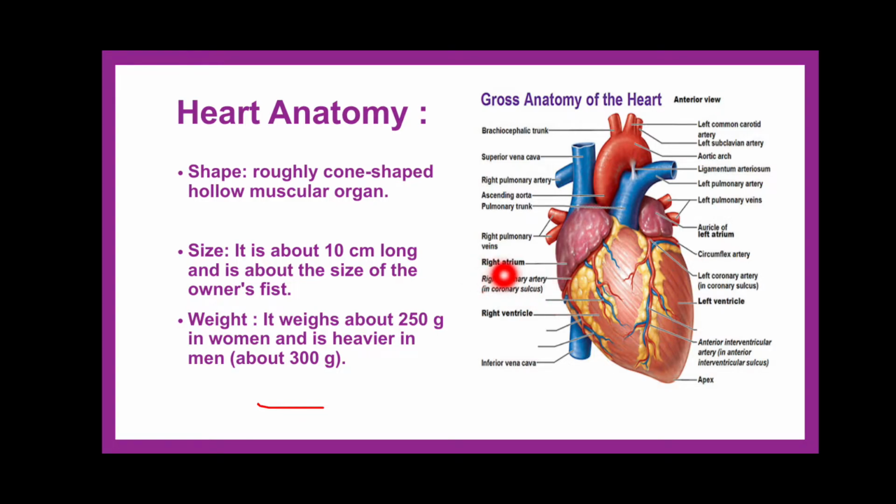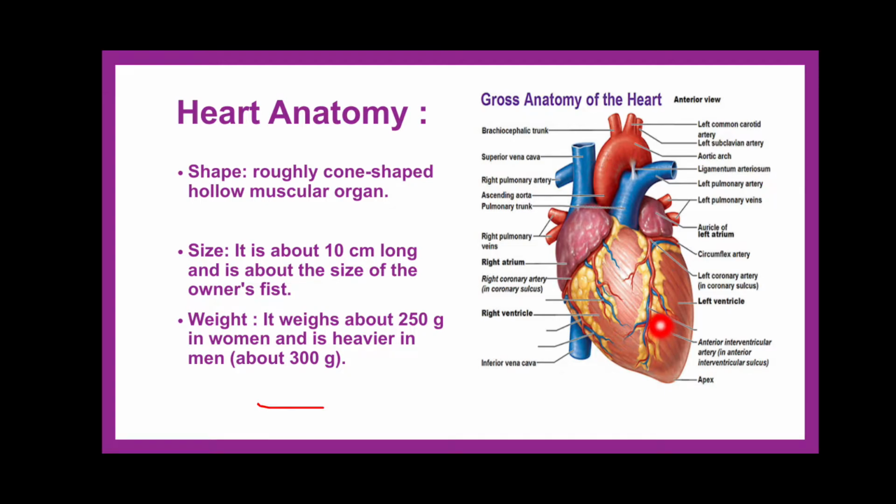This one is the right coronary artery, which supplies blood as well as oxygen to the heart muscles. And on the left ventricle you will find the left coronary artery, which supplies blood and oxygen to the heart muscles for efficient working.